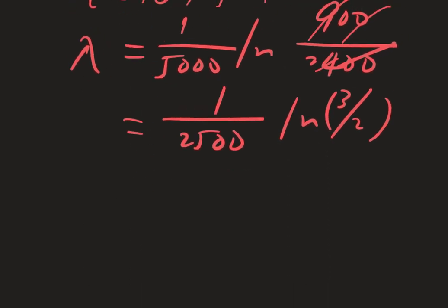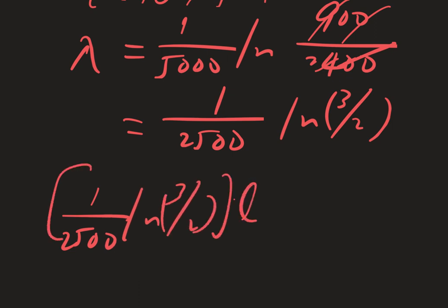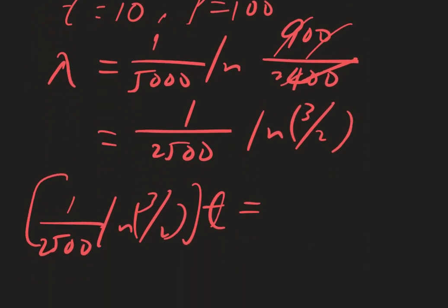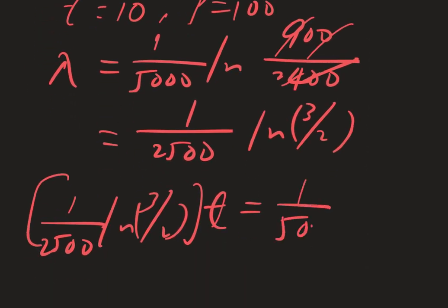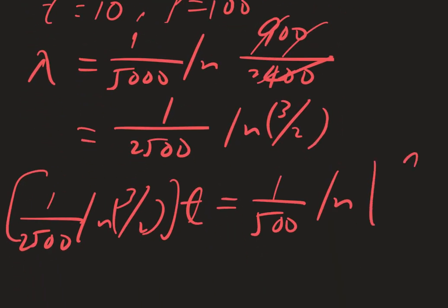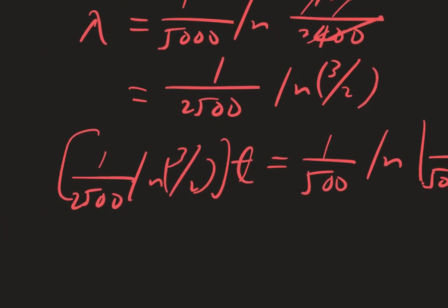So you can tell them that you can solve this differential equation, which is 2500 ln 3 over 2. Okay, I mean, a bit troublesome like that, okay, just need to copy that, then this 500.